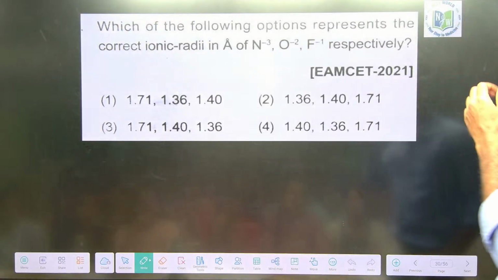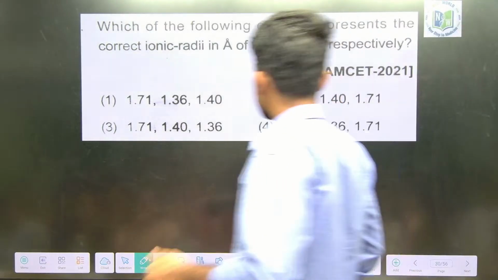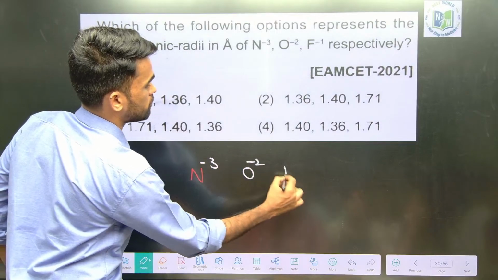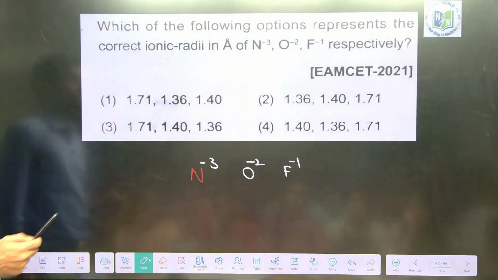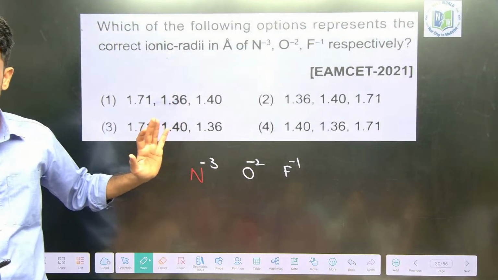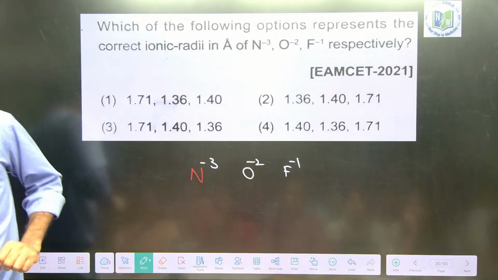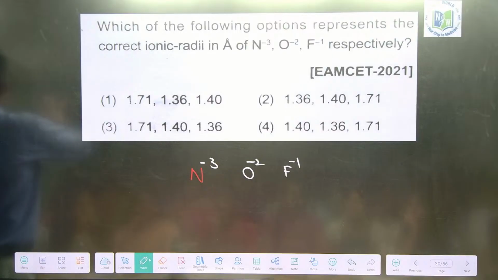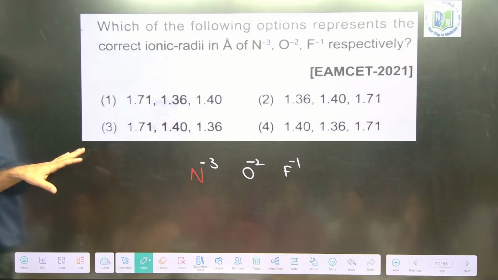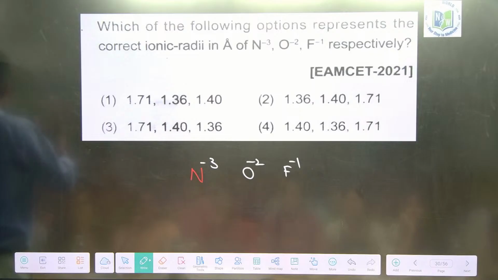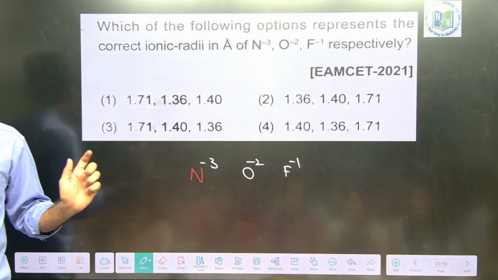Which of the following options represents the correct ionic radii? So what are the ions they mentioned? N-3, O-2, F-1. These are some random values they have given. Tell me which is larger in size? Which has more negative charge?